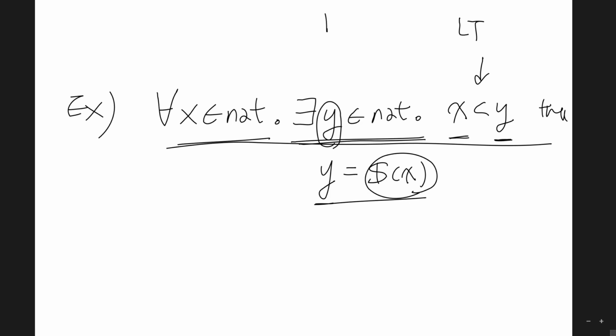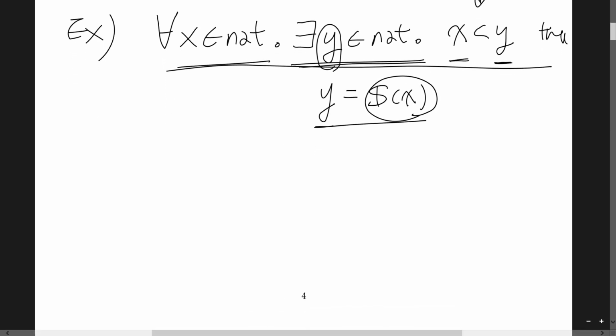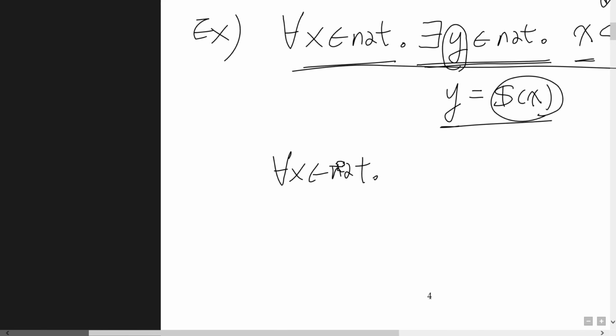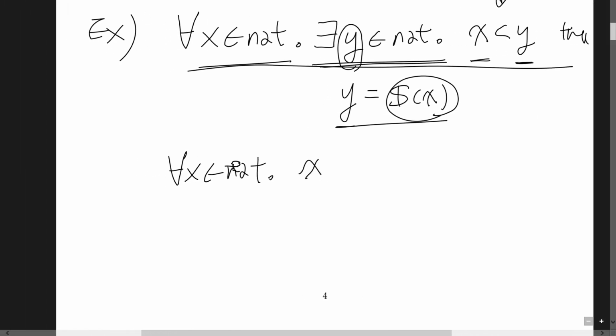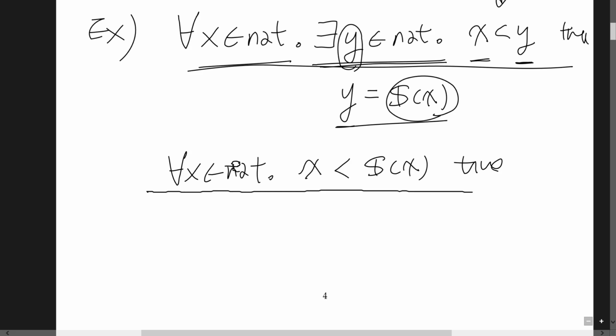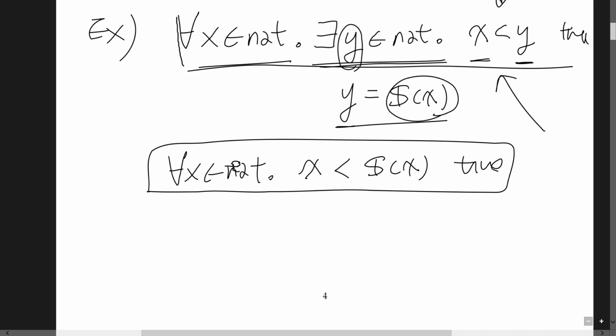Then the whole problem reduces to showing that for every natural number x, x is less than successor of x. So if we can prove this judgment, it actually conveys the essence of the proof of this original judgment.